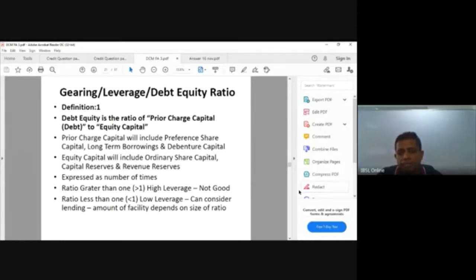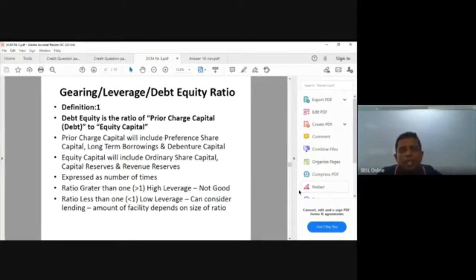All the assets in the company have been financed through the actual owners' money. Those are the companies to which you can easily lend money. If you find any company where all the assets have been financed through equity capital, then that is a very good company for you to lend to.